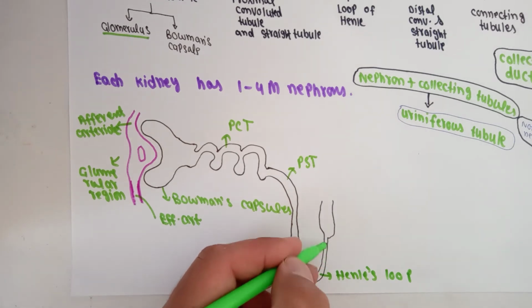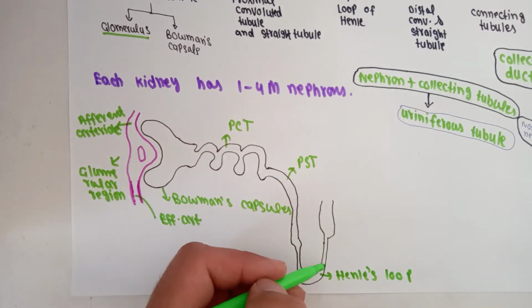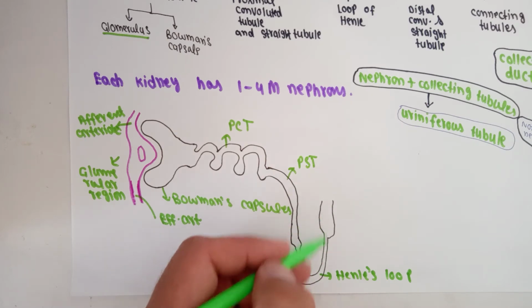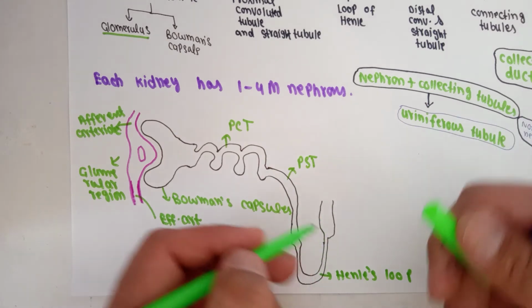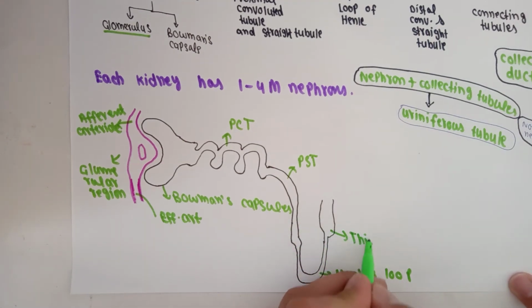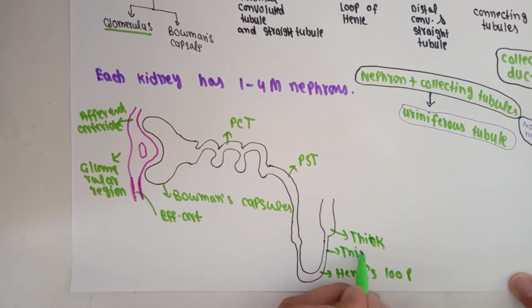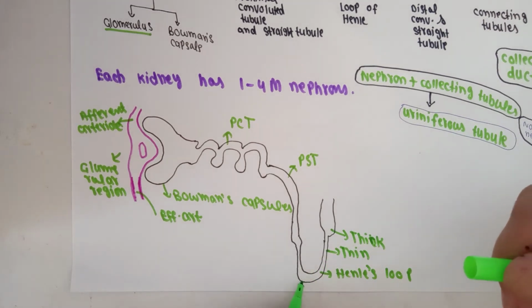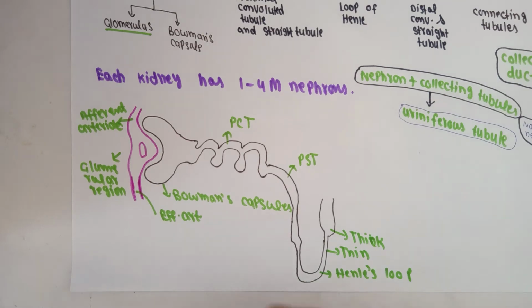This is the ascending loop of Henle, and this is the thin ascending loop of Henle. After this, the loop of Henle widens, and this is called the thick ascending loop of Henle. This is the thin ascending loop of Henle, and this is the thin descending loop of Henle. The major portion of Henle's loop is present in the medullary region.